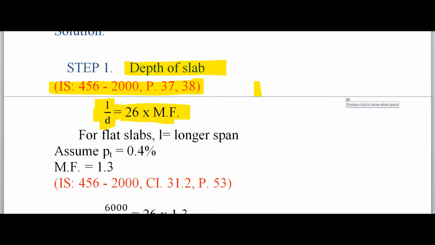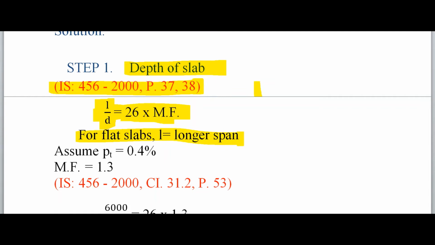So by IS 456 2000 page number 37-38 we can find out length by depth ratio is equal to 26 into modification factor. For the flat slab L is the longer span, but for the regular slab L is the shorter span.